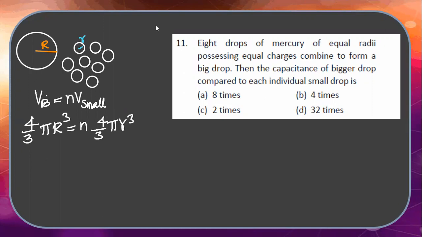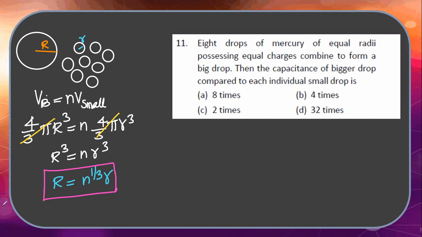Now 4 by 3 pi gets cancelled. There, R cube is equal to n into small r cube. Then R is equal to n power 1 by 3 into r.